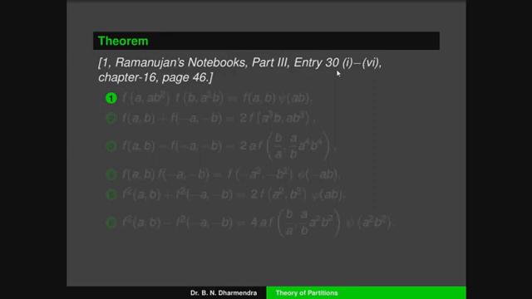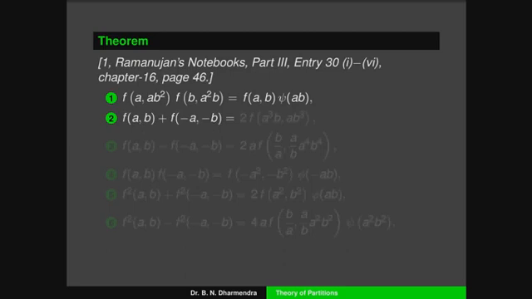The first result: f(a, ab^2) times f(b, a^2 b). You can observe the terms a, ab^2 here, and f(b, a^2 b) is equal to f(ab) times psi(ab). It's a very beautiful result.